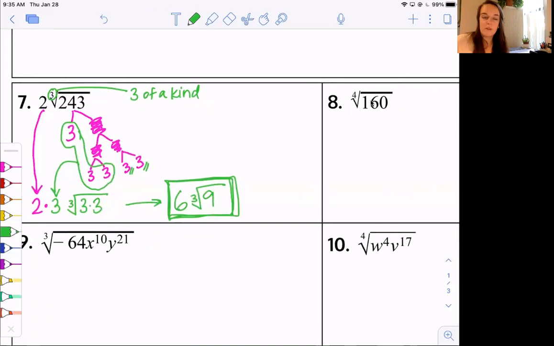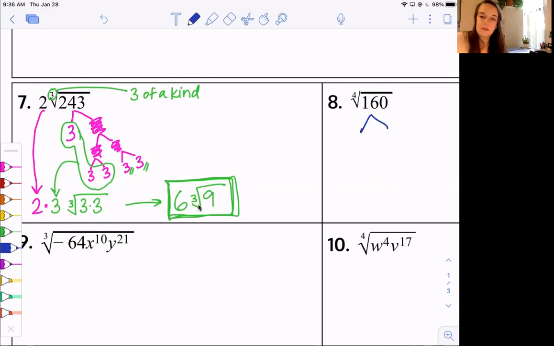This is a fourth root. What can we break 160 into? There's lots of options.